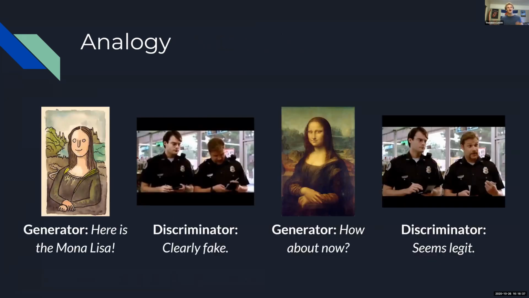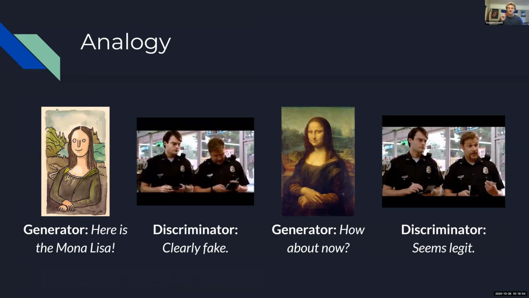Here's the other analogy. So the generator is going to produce the Mona Lisa, a mediocre version, and a discriminator is going to say, that's clearly fake. But the next image the generator produces is going to be a lot better because it's learned to produce a better image.